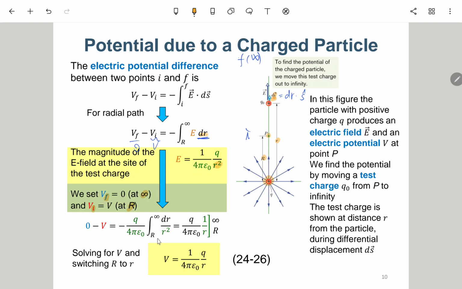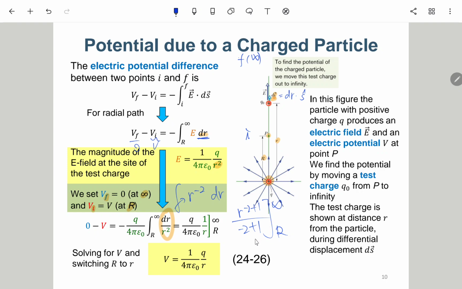This is r to the negative 2 dr, so the answer will be r to the negative 2 plus 1, over negative 2 plus 1, evaluated from R to infinity.